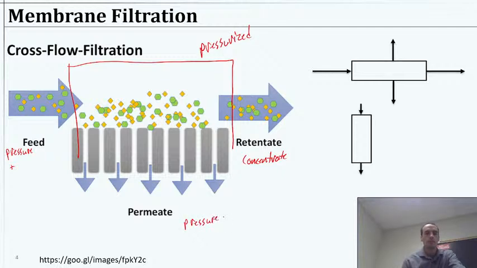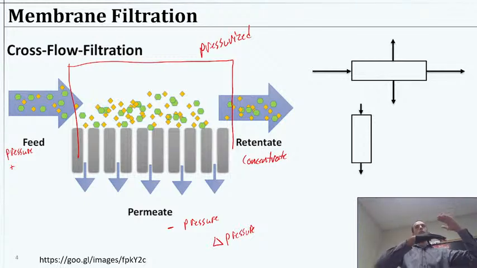Regardless, we will have some delta pressure. And we're going to define that essentially across the membrane. That delta P from in front of the membrane to behind the membrane is what's going to drive the water through, right? That's going to be what we would call the transmembrane pressure.